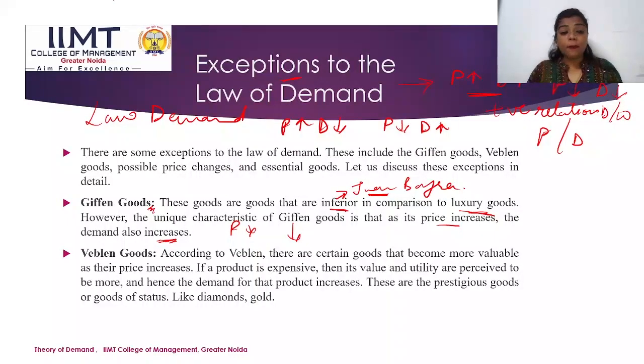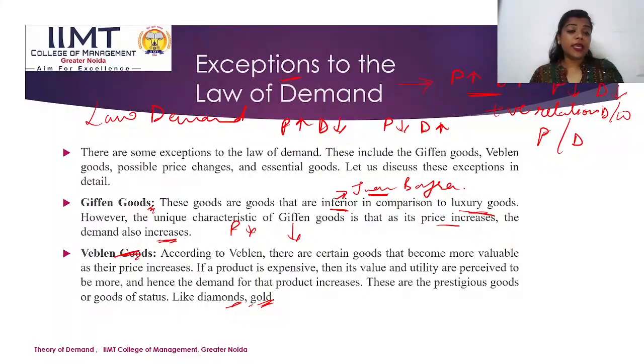Now, what are the Veblen goods? Veblen goods are those certain goods that become more valuable as their price increases. When we talk about diamonds and jewelry, these are the most important examples of Veblen goods. If somebody is presenting you a diamond of rupees 10, will you purchase? No. You will say that this diamond is not of accurate quality, so you will not buy that.